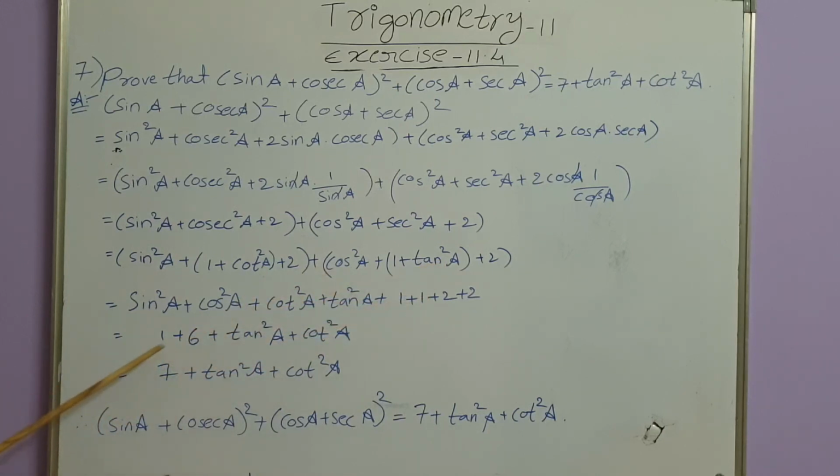So 1 plus 6, 7, plus tan square A plus cot square A. This is proved. Therefore, (sin A plus cosec A) whole square plus (cos A plus sec A) whole square is equal to 7 plus tan square A plus cot square A.